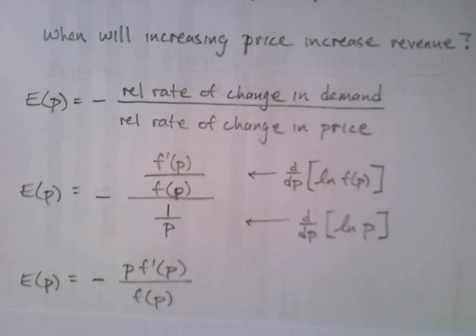There's the simplified version of the elasticity of demand at price P. Again, demand is the function F. That's how popular our product is, how much we sell per week or month or whatever we're doing. And then we've got the ratio with the derivative.